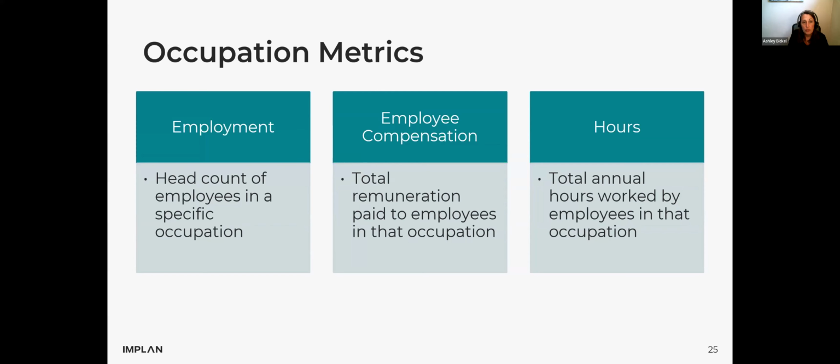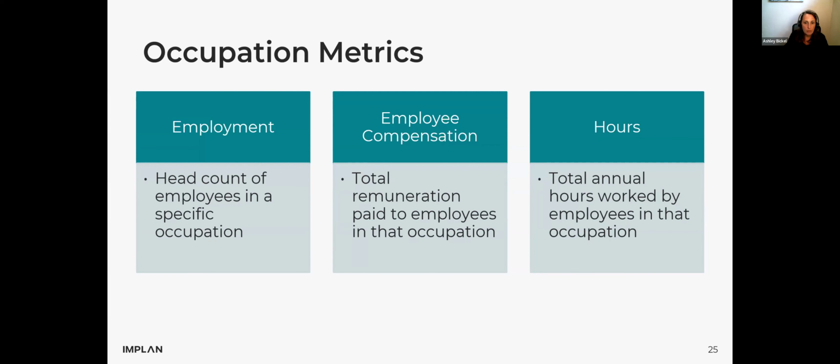You'll find occupational employee compensation, which is the total remuneration paid to employees in that occupation, and you can break it out into wage and salary income and supplements to wages and salaries. And finally, you'll see occupational hours, which is the total annual hours worked by persons employed in that occupation. Again, this data is available at all 5 occupation aggregation levels, as well as by industry or region.